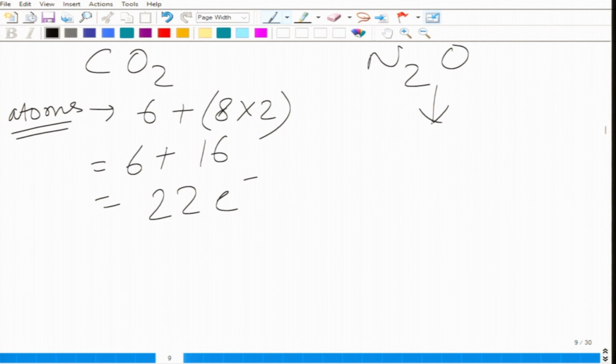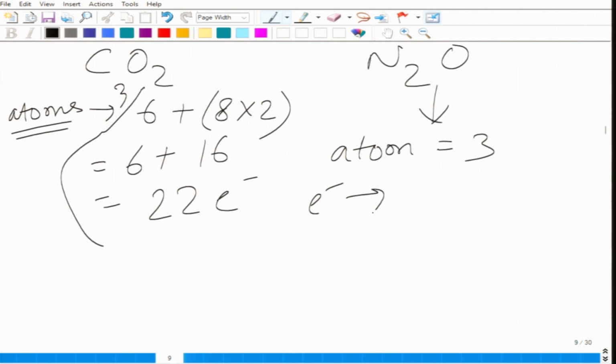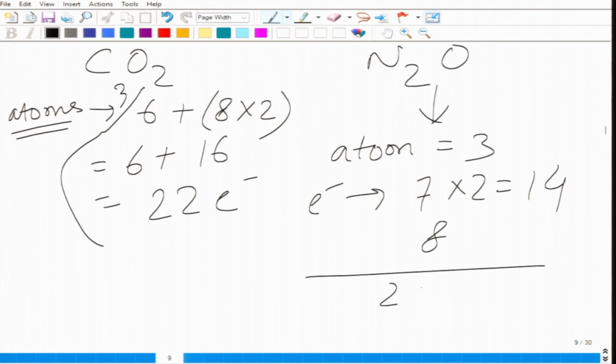Here the number of atoms is 3. For N2O, 2 nitrogens will have 14 electrons and oxygen will have 8 electrons. So total 22 electrons.